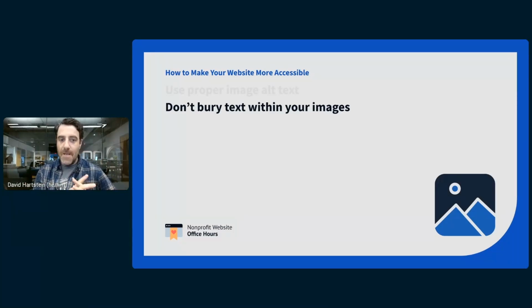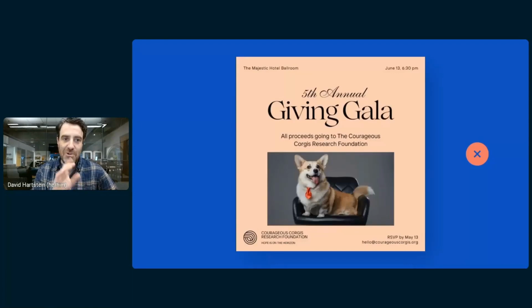While these images can look nice, they're generally not very accessible. And alt text can only convey so much information, especially when you're trying to write a pretty brief description of the image itself. So let's look at an actual example here.